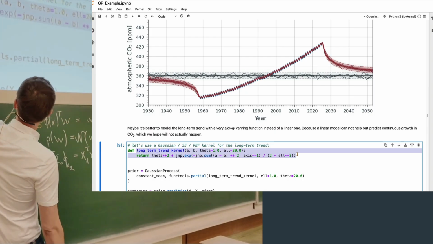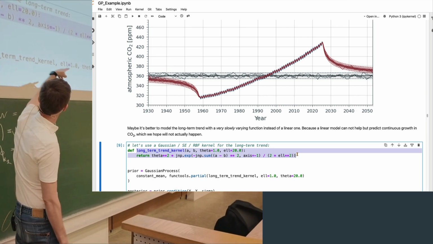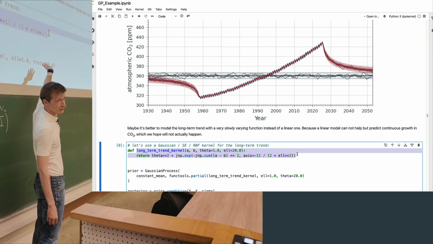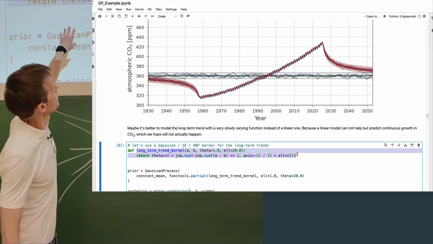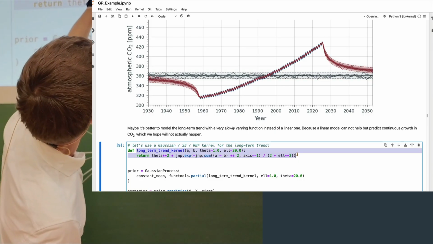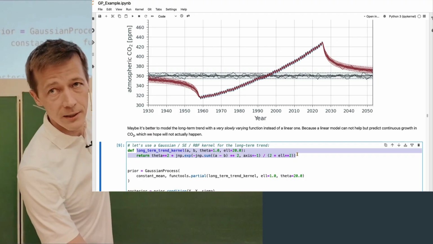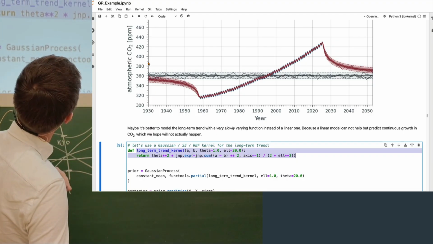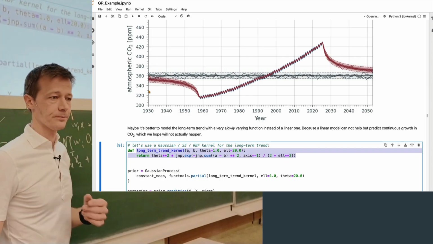So it's a kernel that takes two inputs, takes their square distance, divides by the length scale, and that length scale will be something like 10 years for us, or maybe even 100 years, and multiplies by an output scale. And that output scale we can sort of read off. It's going to be something like 20, 40, 80 parts per million. So we want to cover sort of this range of the data set. Maybe even 100 could work, something large.